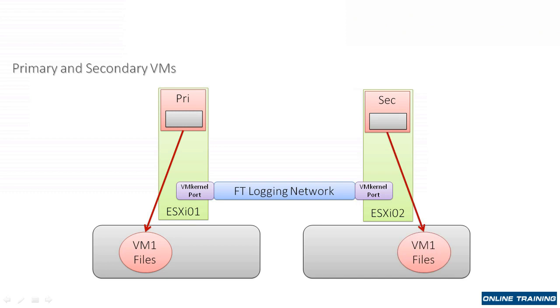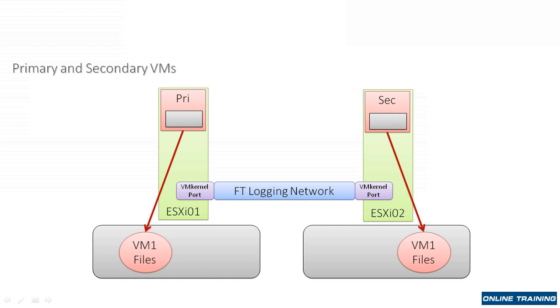All right. So if I go into this primary VM and I open a console and I start moving my mouse around, the exact same thing is going to happen immediately in my secondary VM. Right? That's the purpose of this fault tolerance logging network, is to make sure that the state of those virtual machines is kept exactly the same.